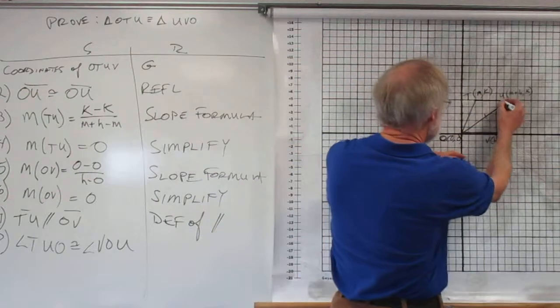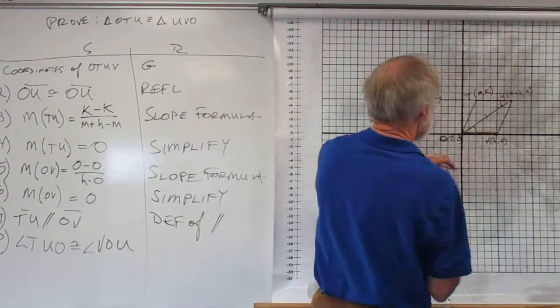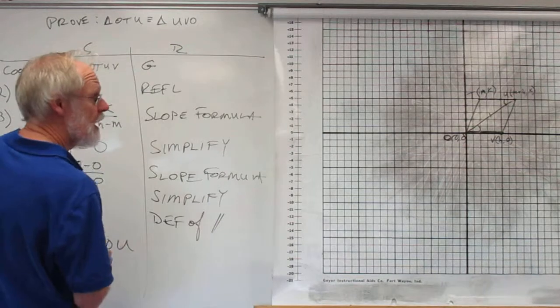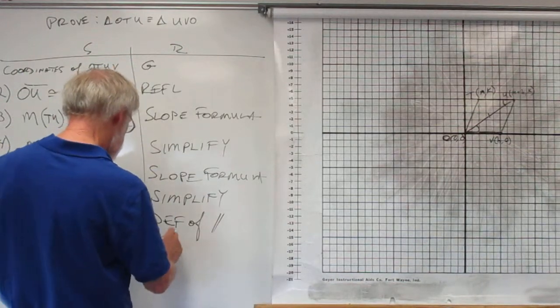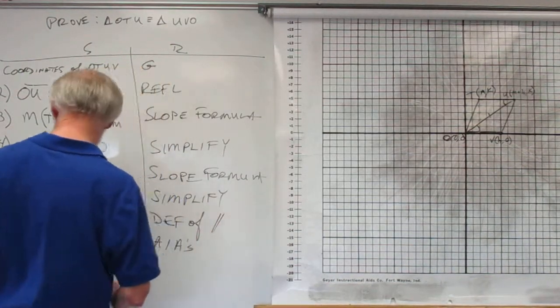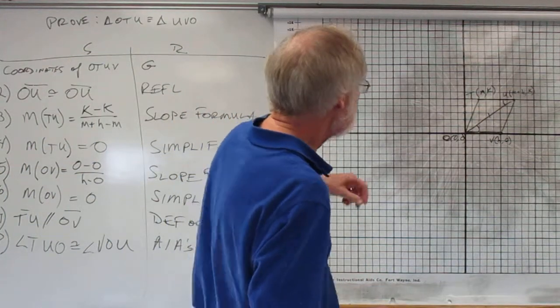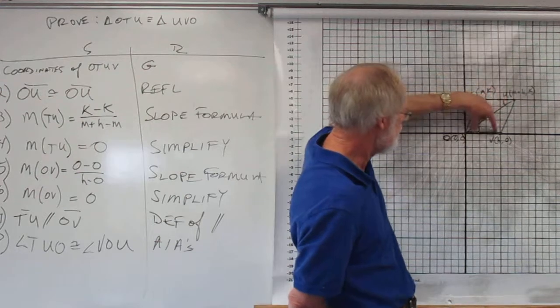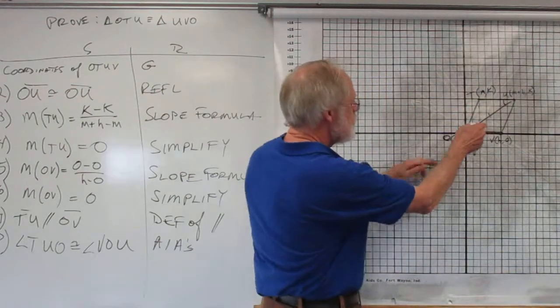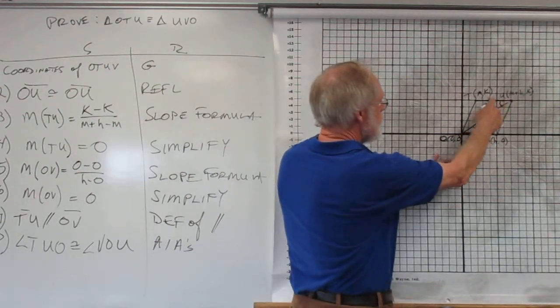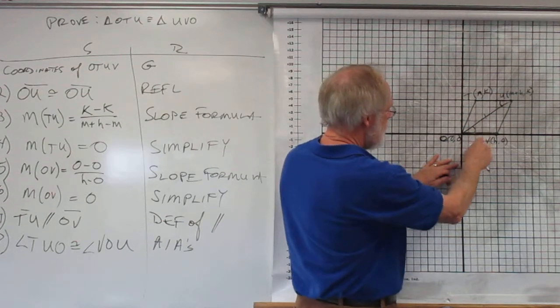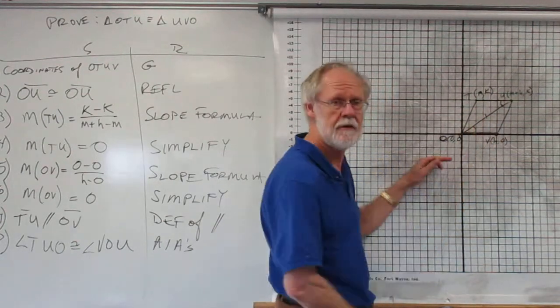So this angle is congruent to this angle, and the reason for that is alternate interior angles. All right, now we have two parts. We need one more part. Let's see if we can find the length of this and the length of this, and then you may see we will be able to use side, angle, side.